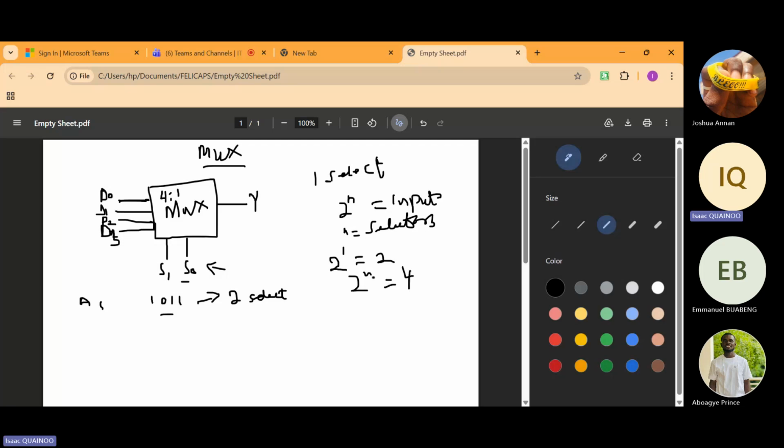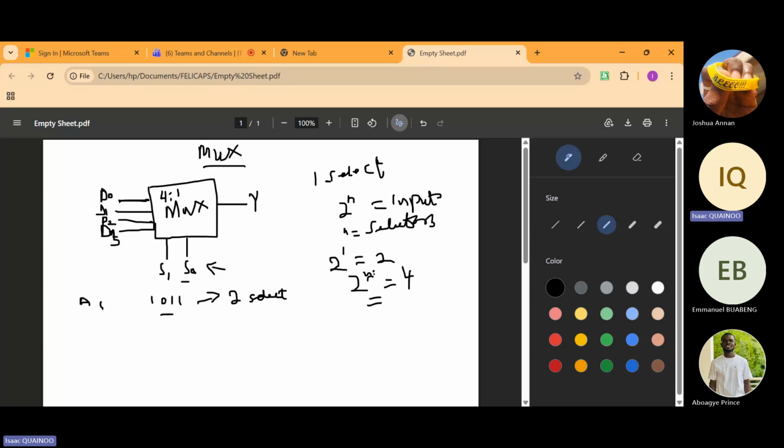So our n will be 2 here because 2 raised to the power 2 is equal to 4. There's another way to determine this: you can take a log base 2, but we might not want to do that. If you find your n, which is 2, you know that the number of selectors needed for that particular multiplexer is 2.